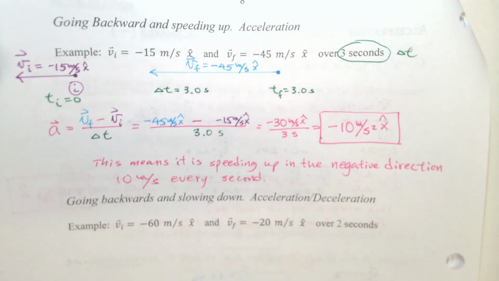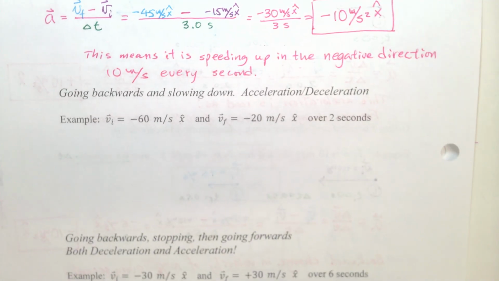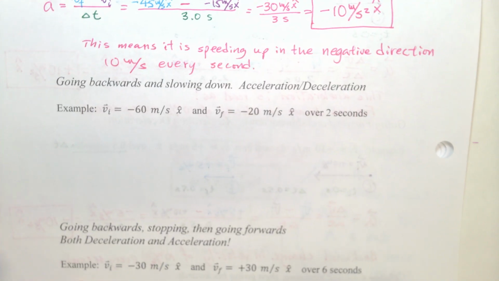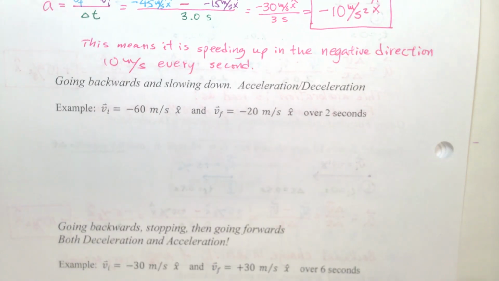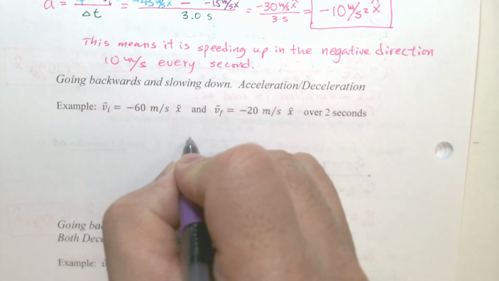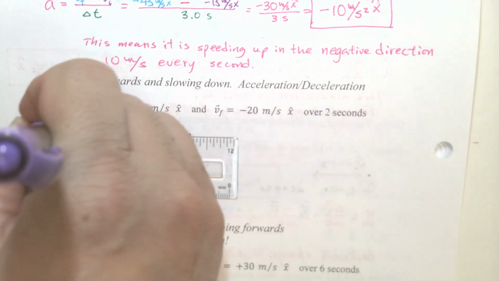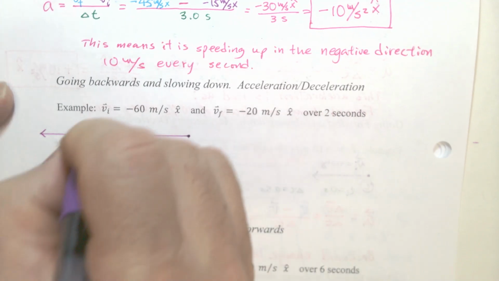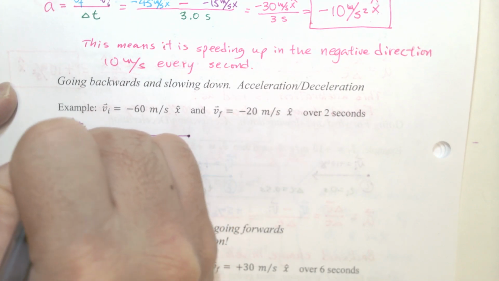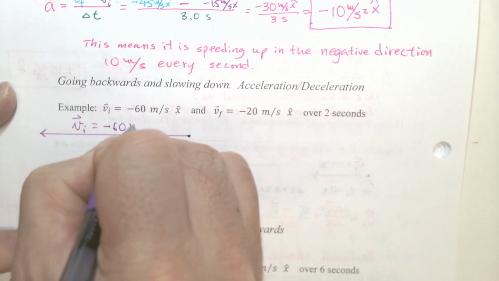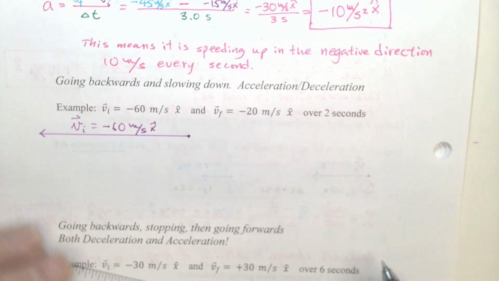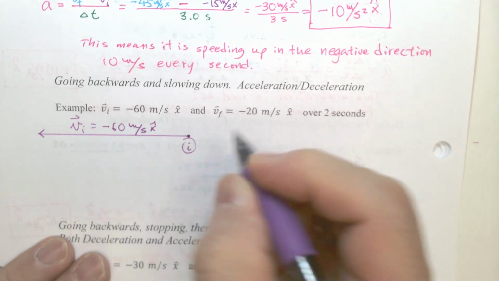All right, next we're going to go backwards and we're going to slow down. So acceleration and deceleration. Initially we are traveling at negative 60 meters per second. Again, I'm not drawing these to scale, I'm just drawing it out to visualize it. So V initial is negative 60 meters per second x hat. This is our initial condition.